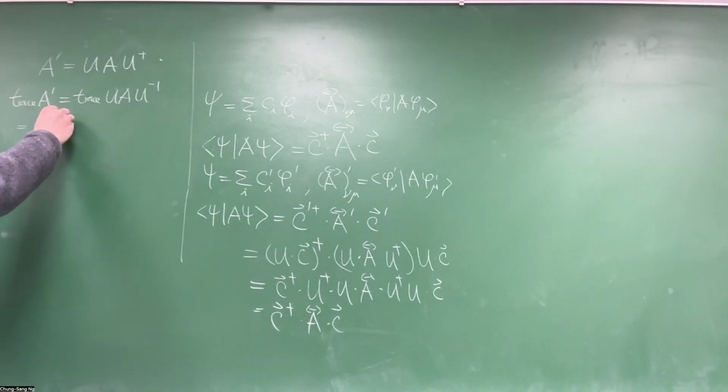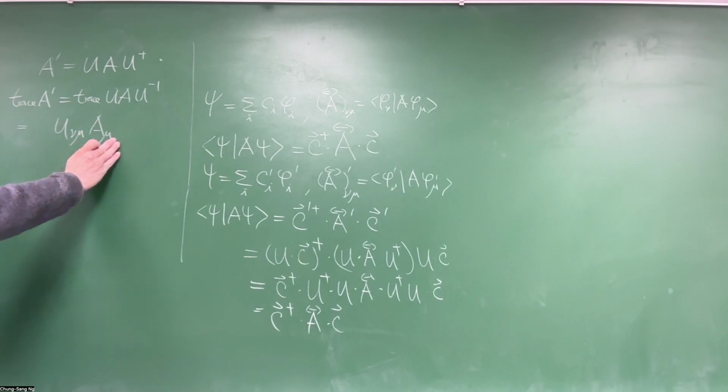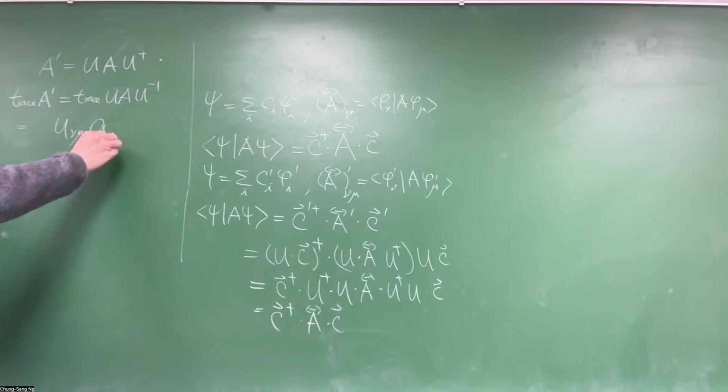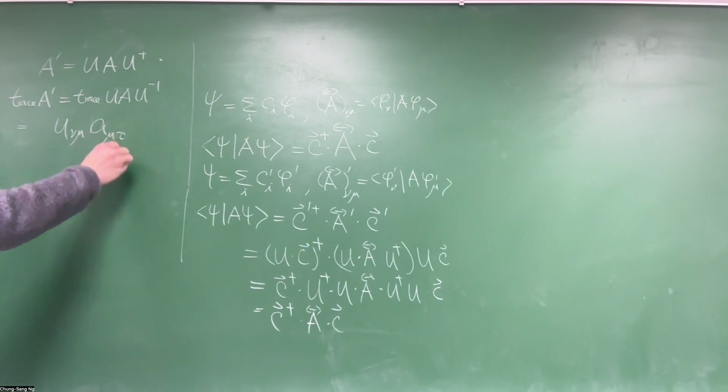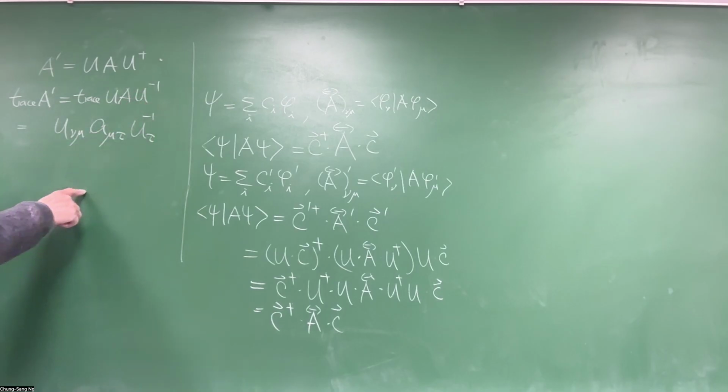so you have a U, U nu mu, and this multiplied by A mu nu, in your textbook using little A, and U inverse nu tau.